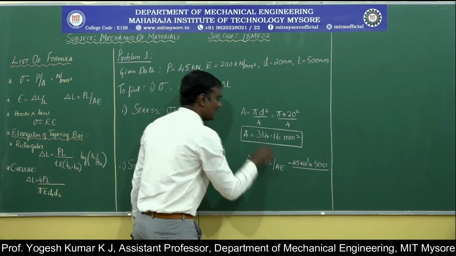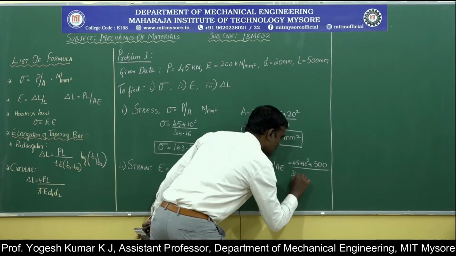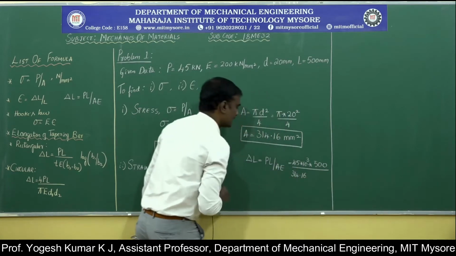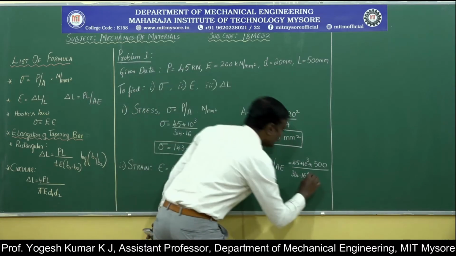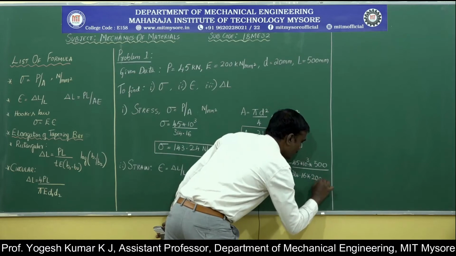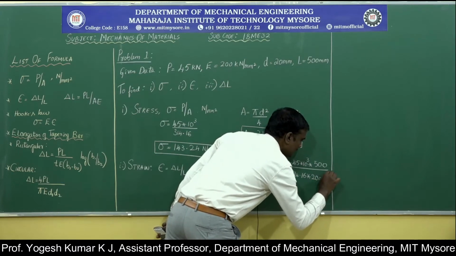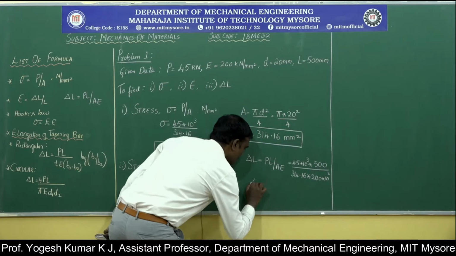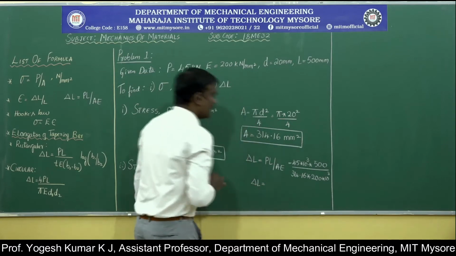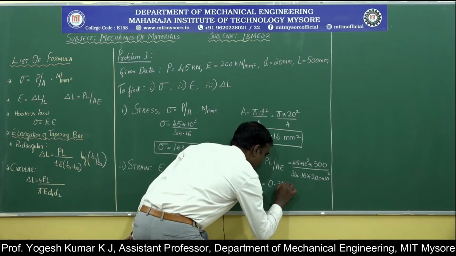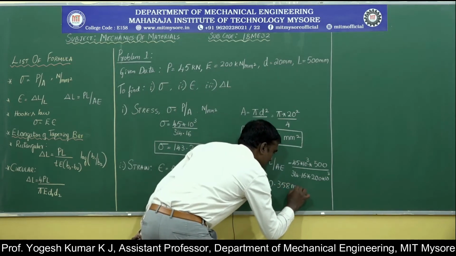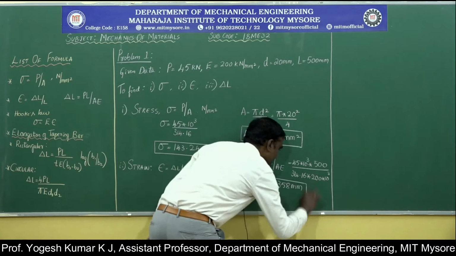The cross sectional area we found in the previous step, 314.16. Young's modulus is given as 200 kilonewton per mm square, 200 into 10 power 3. On solving this, we get delta L as 0.358 millimeters.